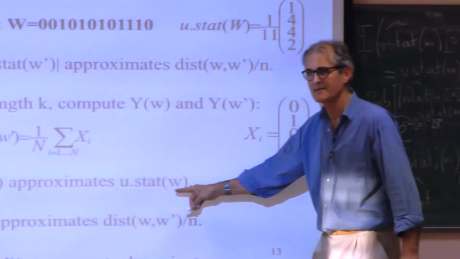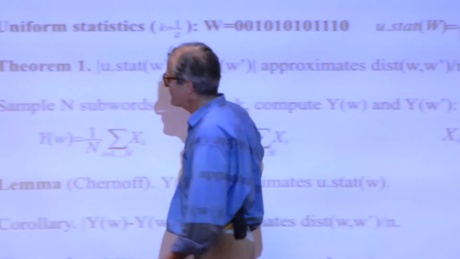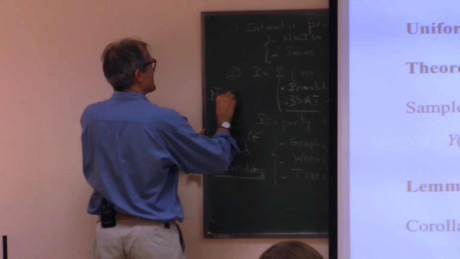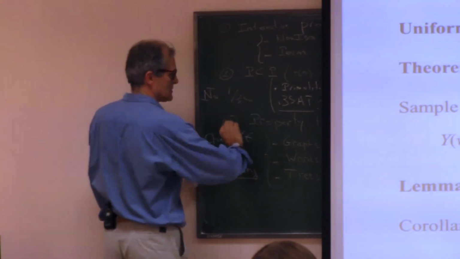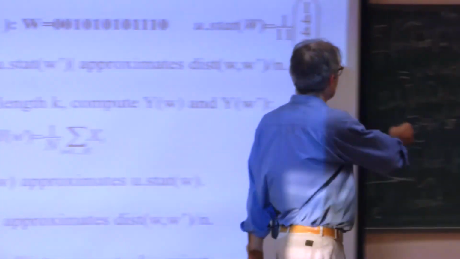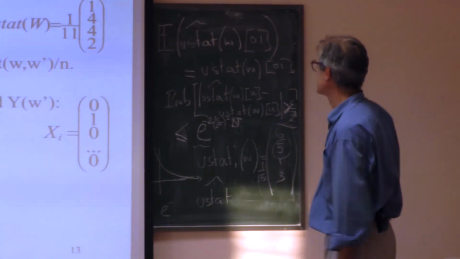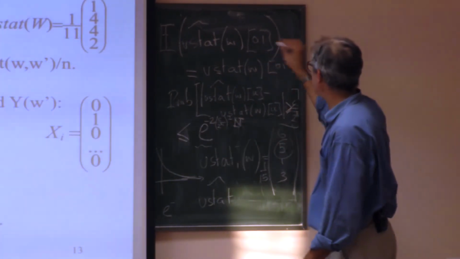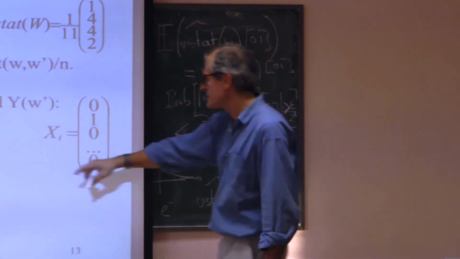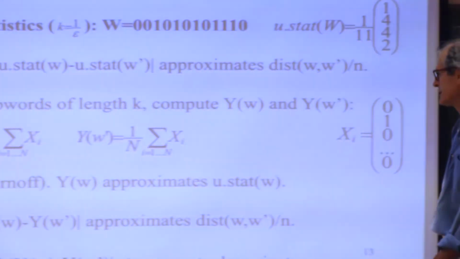Now first thing is when n is of the order of, think of n as 1 over epsilon squared, maybe with a dependency on k also, but k is going to be 1 over epsilon. Then this is going to be true, and therefore this will be epsilon close to that.